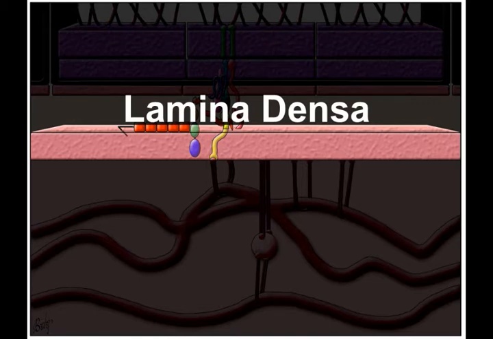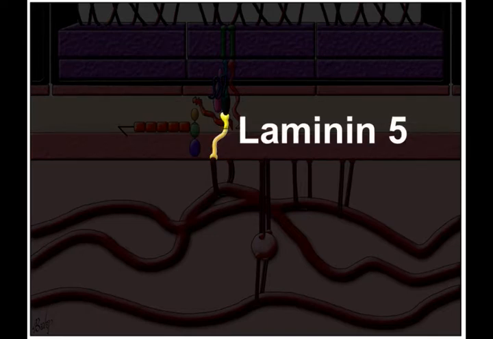Next are the components within the lamina densa. Laminin 5 is important in antiepiligrin pemphigoid.